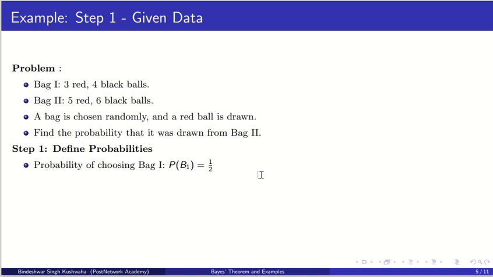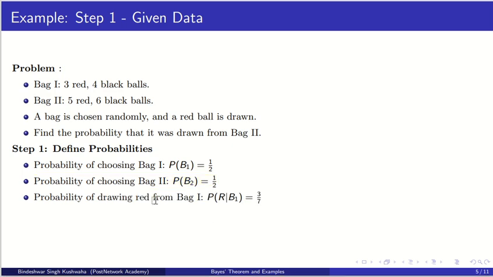Now define the probabilities, because there are two bags. P(B1), the probability of selecting bag 1, is half, 1 upon 2, and also P(B2) is half.